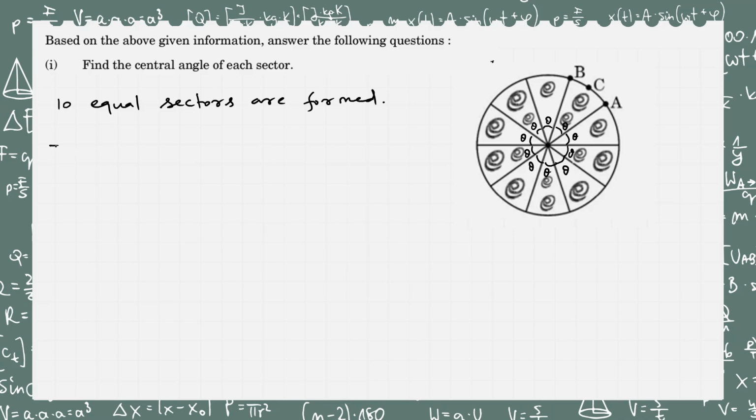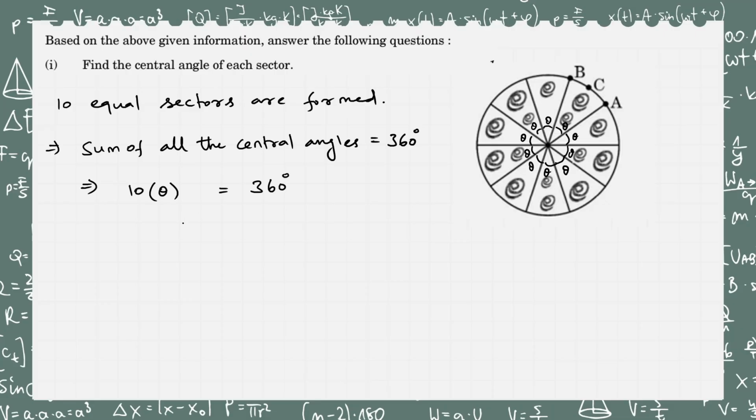So that implies sum of all the central angles is equal to 360 degree. Why? Because this is a circle and the angle at the center of the circle is always 360 degree. So that implies 10 times theta, because all of them are equal, 10 times theta equal to 360 degree.